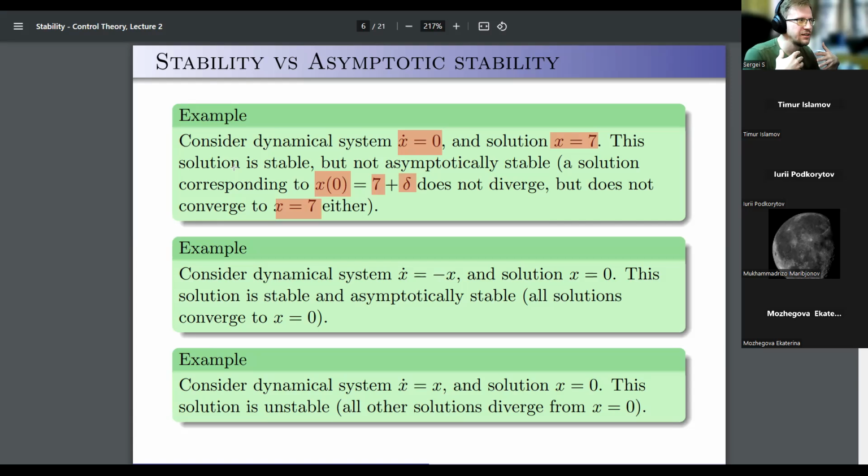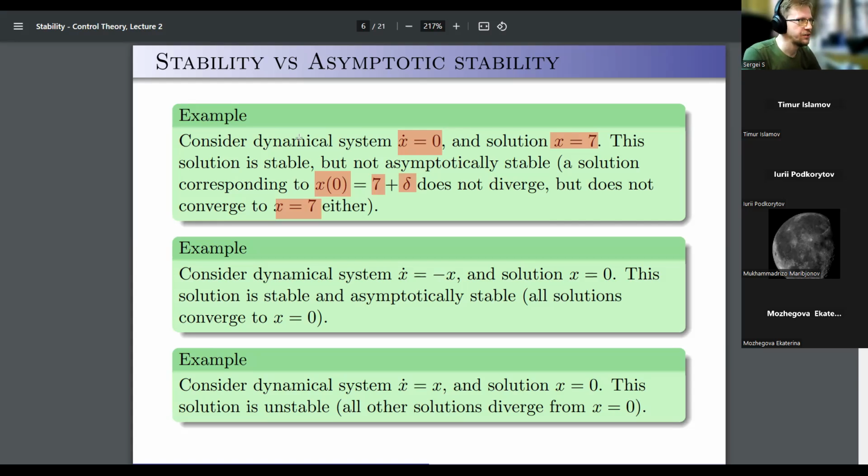But in informal speech, what we usually do is we say the system is stable. How is it stable? It is asymptotically stable. Or the system is stable. How is it stable? It is marginally stable, or stable in the sense of Lyapunov.